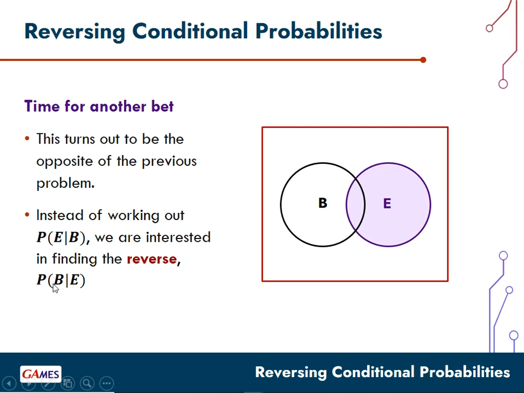So the symbols or the letters are interchanged. So instead of trying to work out P of E given B, we're going to get the reverse, which is P of B given E.